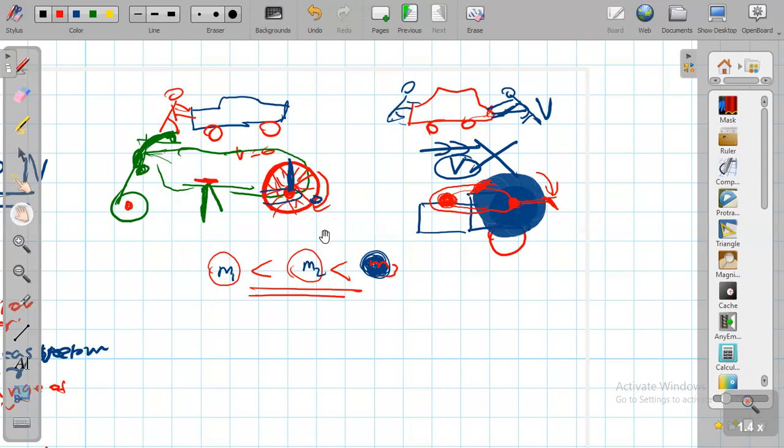Both balls strike against the arms of respective batters.